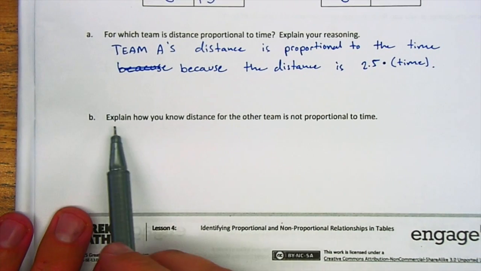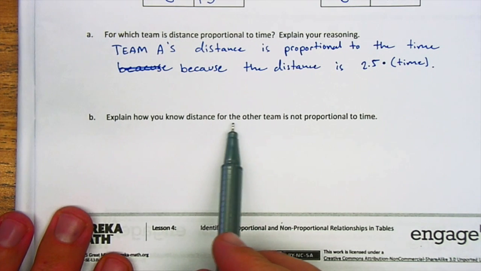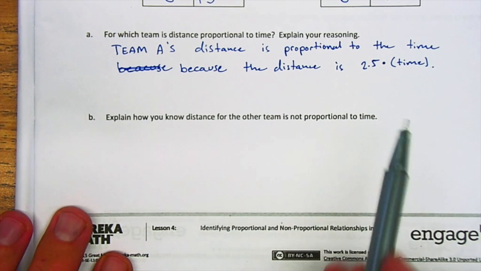For part B, we need to explain how you know the distance for the other team is not proportional to the time.